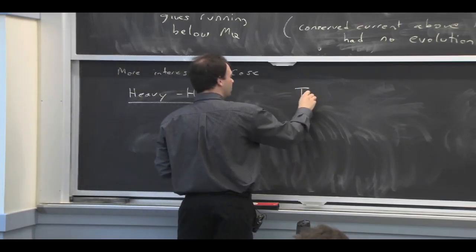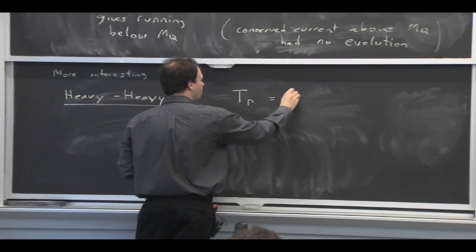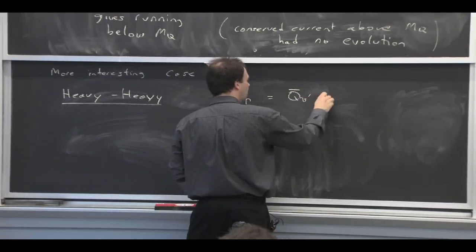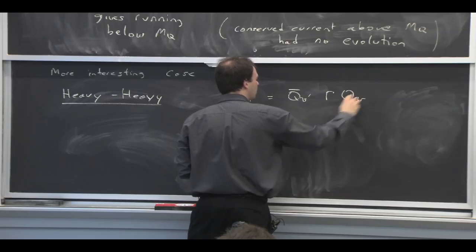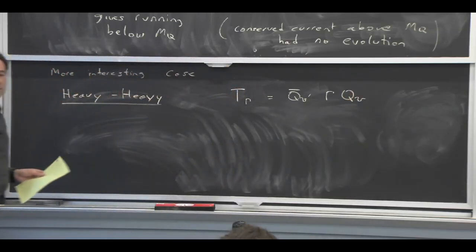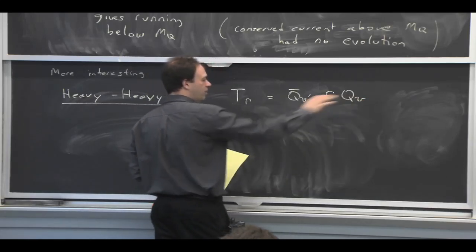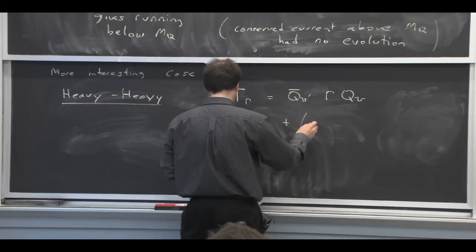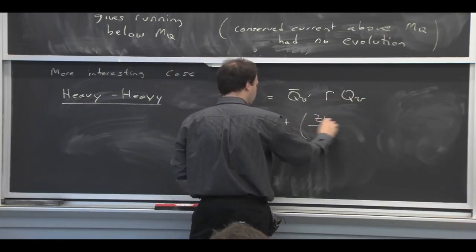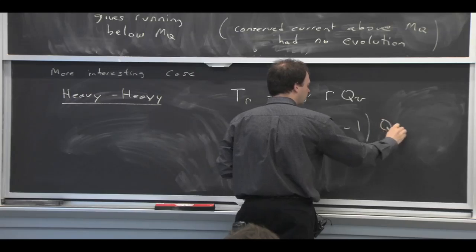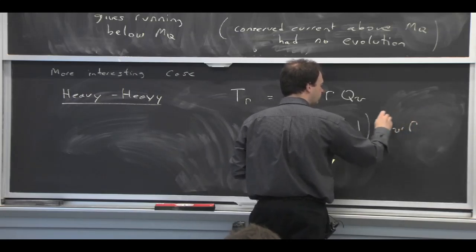So we'll spend a little bit more time on this one. So let's have two heavy fields. And I'm going to take them in a current where they have different velocities, v and v prime. So let me imagine I went through this procedure of separating out the counter term and normalized operator, just like I did over there.